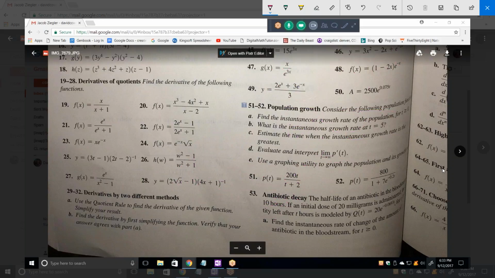Okay, how about 25? Rewrite 25, so that we get the quotient rule. So it'd be 3t minus 1 over 2t minus 2. Now apply the quotient rule. So you'd start with 2t minus 2.